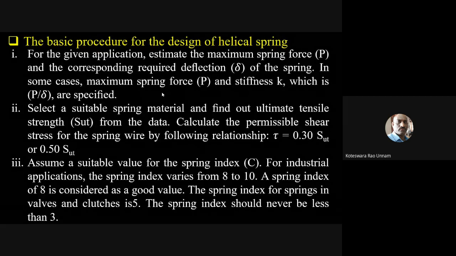You don't get the shear strength in a data book. If you refer to any data book, you will get only ultimate strength or yield strength. Those properties are determined based on your simple tension test, so those are the properties in your data book. You won't get shear strength.